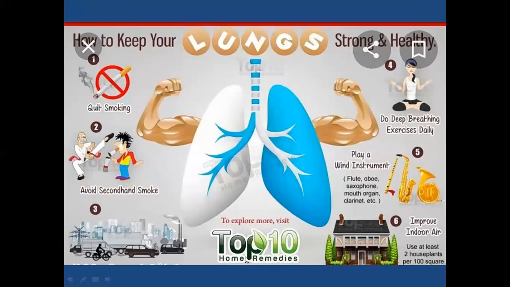Quit smoking. Avoid secondhand smoke, like if this person is a smoker, try to get away from this type of person. Then do deep breathing exercise daily. Then play a wind instrument like flute, oboe, saxophone, mouth organ, clarinet. These are musical instruments, so try to play these instruments when you have time and if you have them.